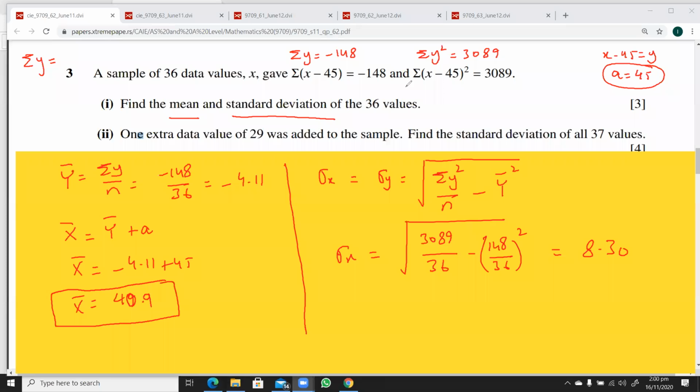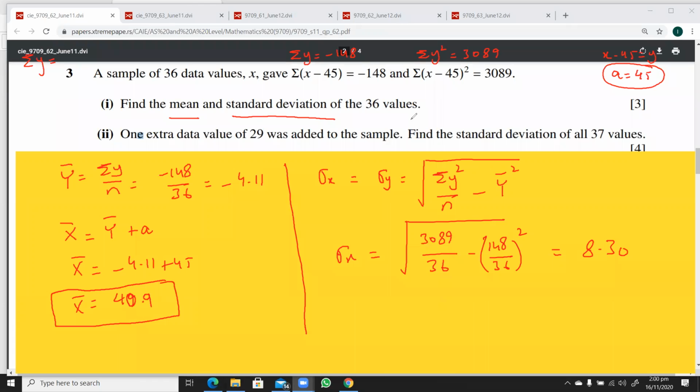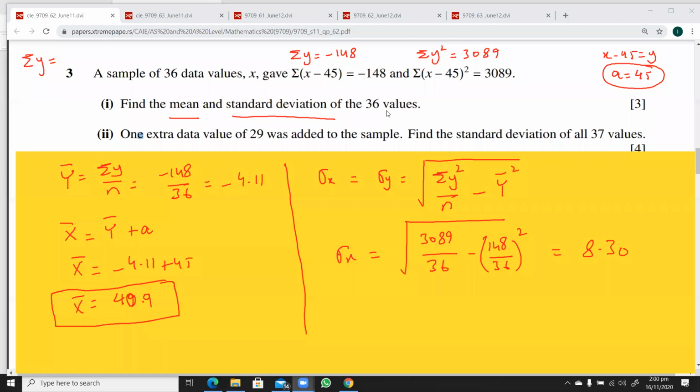Now, just to make it clear to you, let me give you an example. Now suppose you have a data, bacho. Suppose there is 22, 25, and let's say there is 29, and then there is 32. Okay.